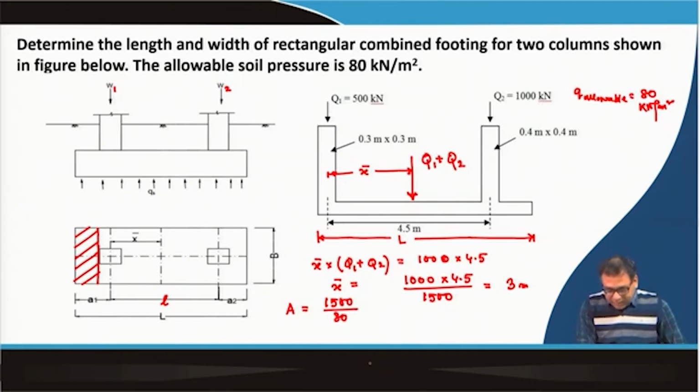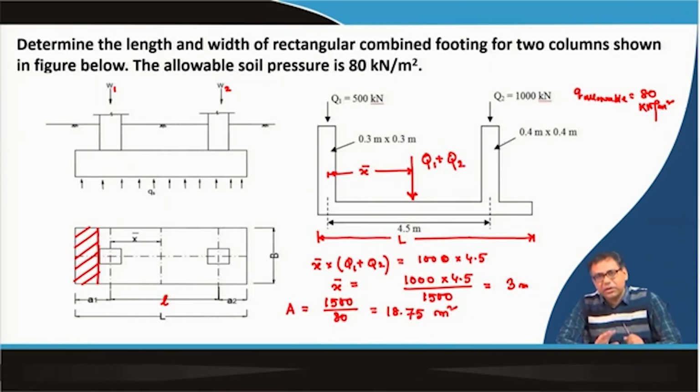So, that is your required area of foundation, 18.75 meter square. Here no factor of safety is required, because the allowable bearing pressure is directly given. It is not the ultimate bearing pressure. That means both settlement and bearing are considered.